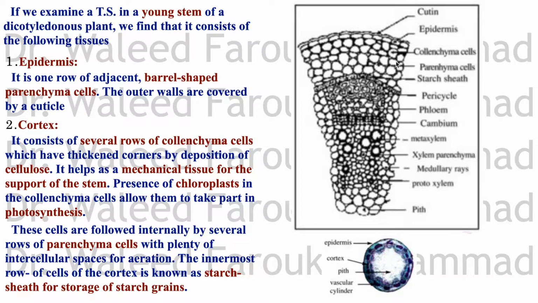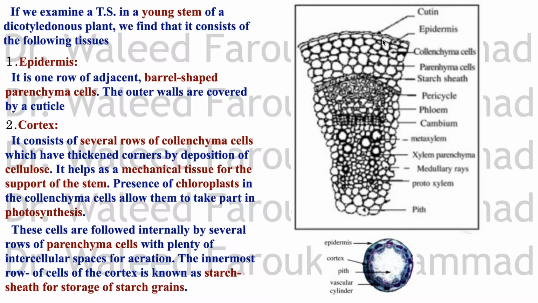After this collenchymal cell layer is another row of cells called parenchymal cells, with plenty of intercellular spaces in between. The innermost of these layers is the starch sheath, the layer where starch is stored as starch grains.